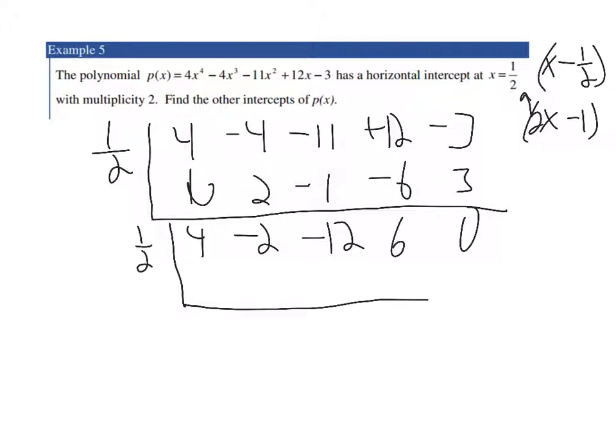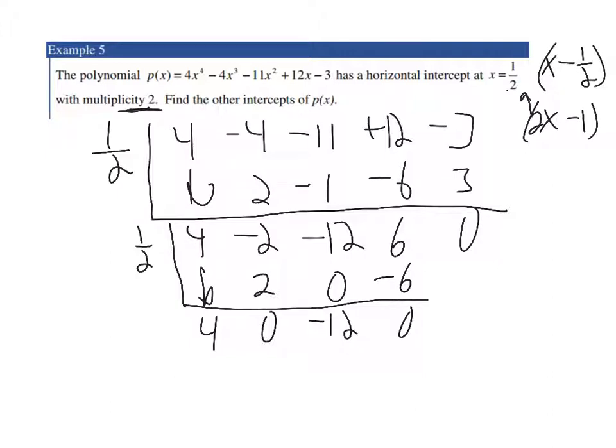So we're going to make it an easier problem. I'm going to run the next synthetic division, using 1/2 again because they're telling me multiplicity 2. I multiply 1/2 times 4, I get 2, I get 0. 0 times 1/2 is 0, bring down the negative 12. Negative 12 times 1/2 is negative 6, another 0.